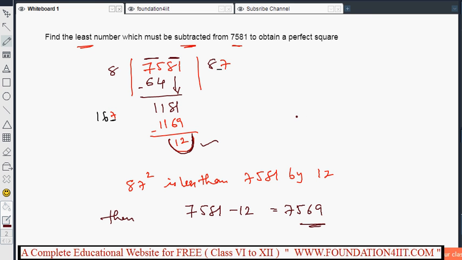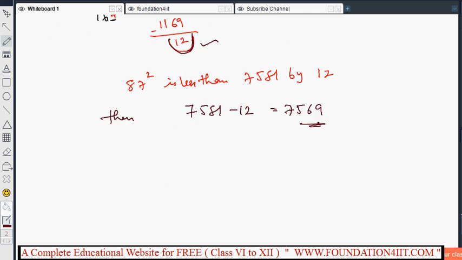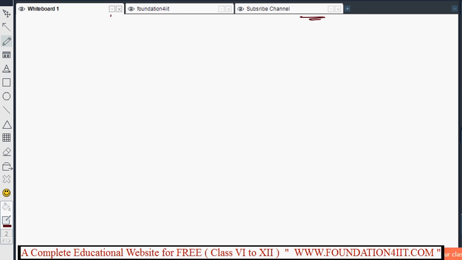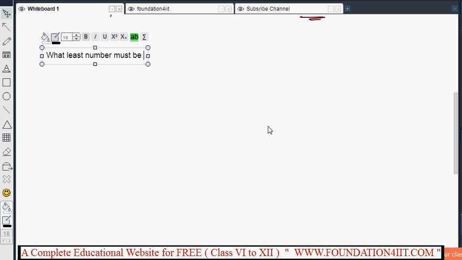Some questions they'll ask what must be added. So I'll explain now, one more question. What least number must be added to 2945 to get a perfect square?